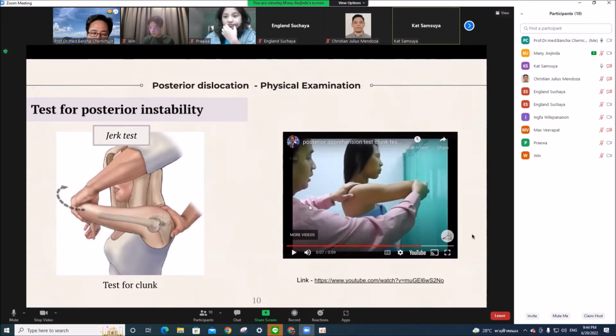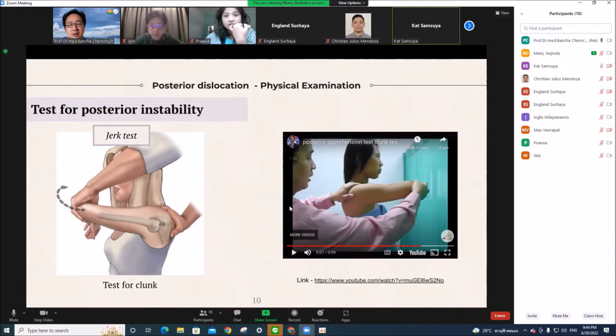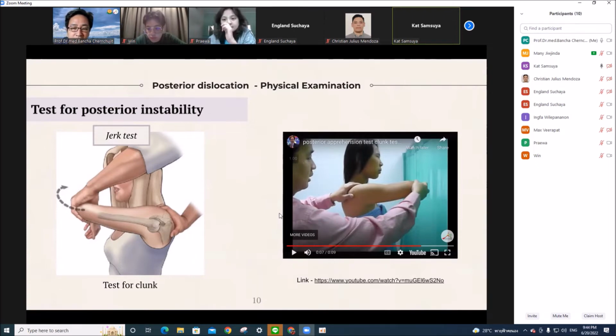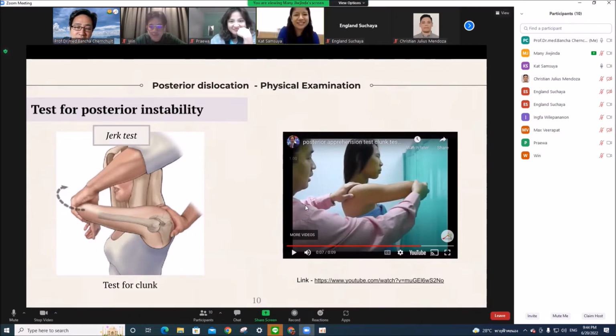Okay. So Prava, Kat wants to share the relocation test. Kat, open the video also. Okay, sir. I need to share my screen. I mean your face. You don't want to share your face. I don't have backgrounds. Oh, no problem.